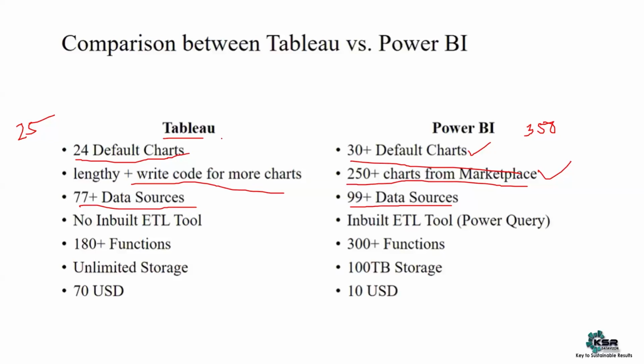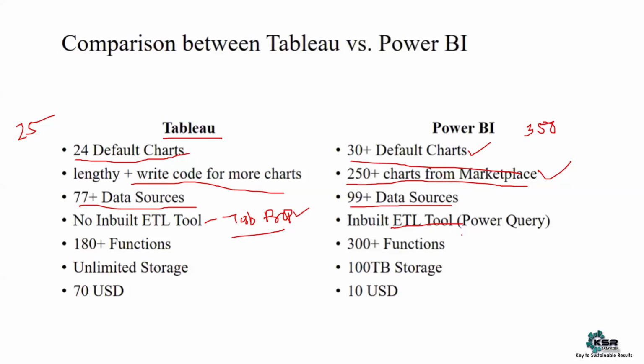Now, one of the most important differences between Tableau and Power BI is the built-in ETL tool. One who knows Tableau will have a basic idea about Tableau Prep. There is a tool called Tableau Prep. This Tableau Prep looks like an ETL tool, but it is not a complete ETL tool. Not all the options are available inside Tableau Prep.